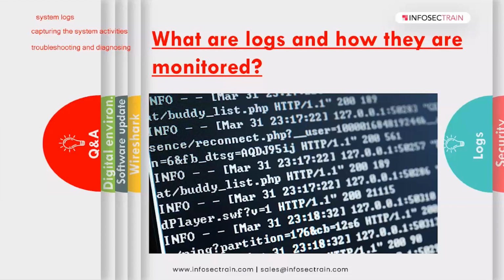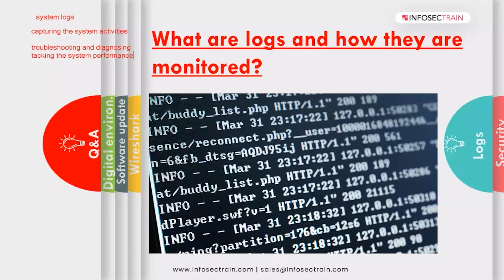So by analyzing all these logs, the administrators can identify the bottlenecks. They can monitor the resource usage. And over there, they can also optimize the system performance.